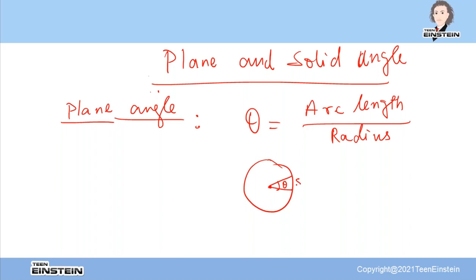So suppose I have a circle like this, and this is the radius, and suppose this is the angle theta, and this is generally denoted as the arc length going from A to B, and the angle is theta, and suppose this is r, radius. So theta will be actually s by r.